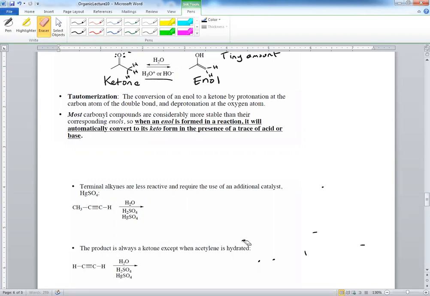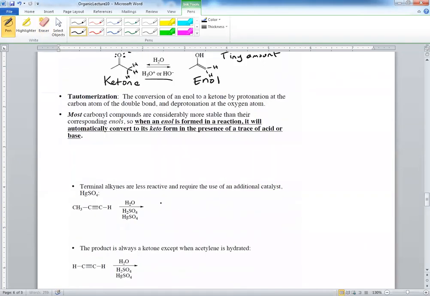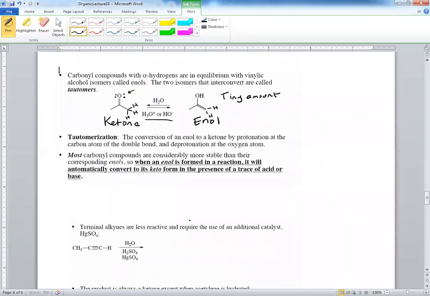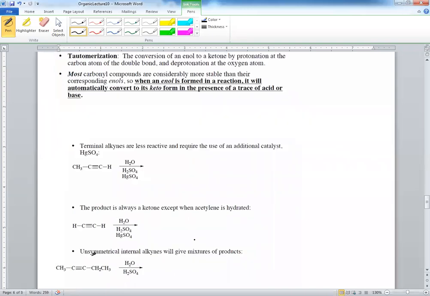No, you should draw the ketone only product. However, if I ask you a question on explanation, then you should be able to provide the enol form.